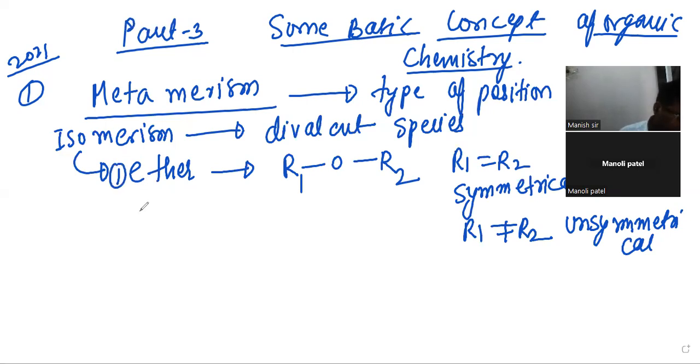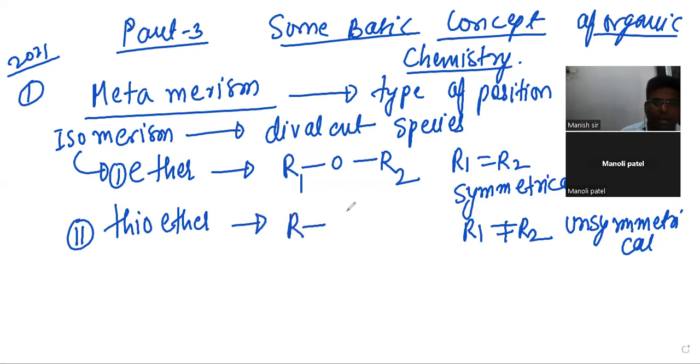Next is thioether, which is RSR. Next one is ketone.